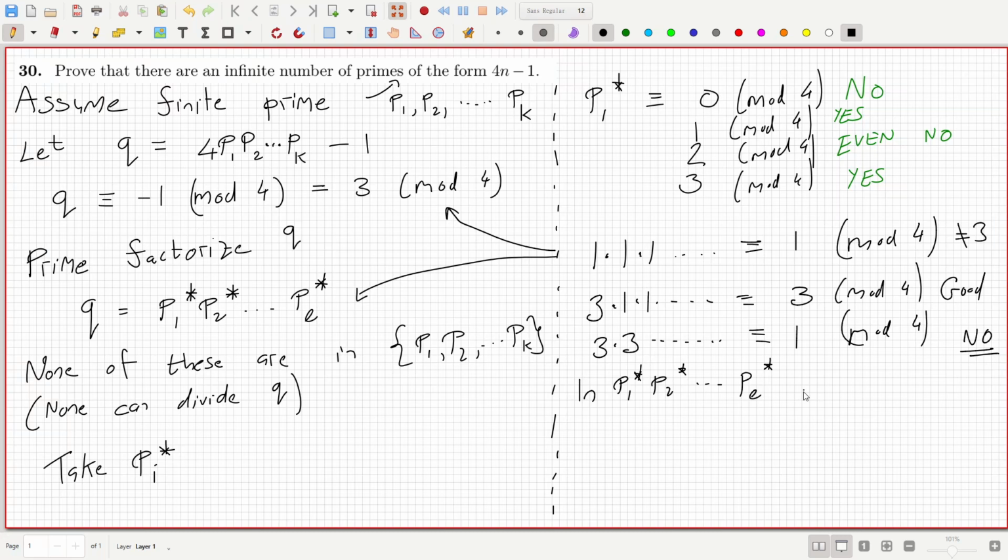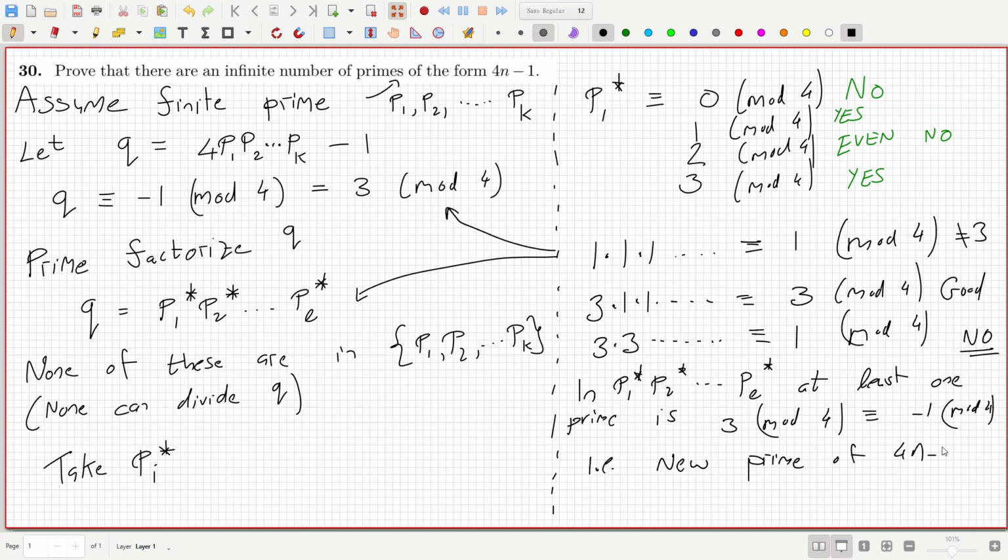Do I have this right? Yeah, in this one here, at least one prime is 3 mod 4, or in other words, minus 1 mod 4, i.e. there's a new prime of the form 4n minus 1.